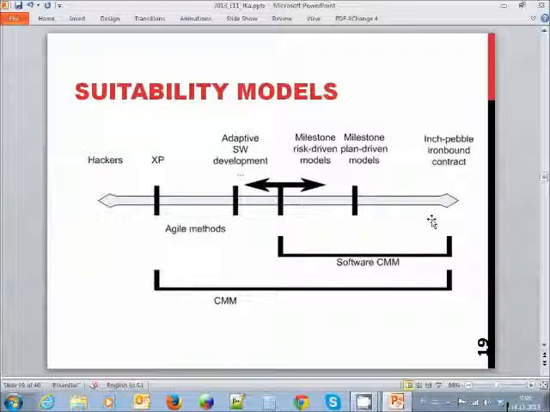And the milestone risk-driven models like the Rational Unified Process are towards the agile methods simply because we use iteration and things like that. So that's one way to see when we can use these extreme programming and Scrum models.